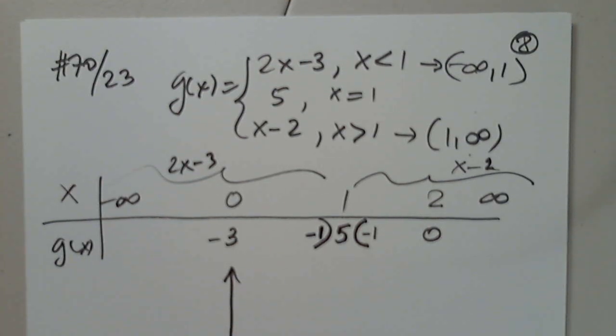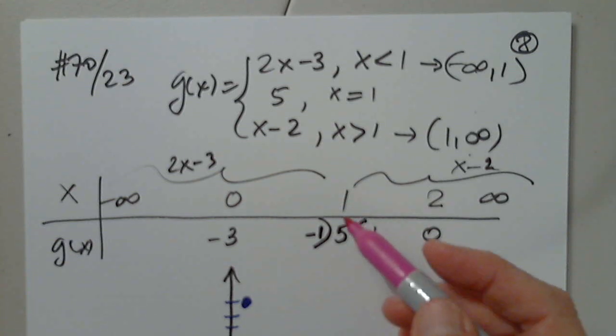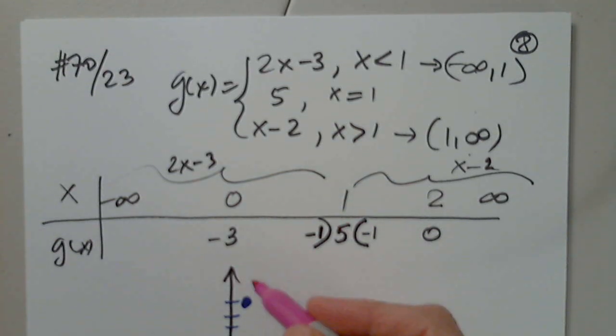That's it. I'm done with this. I graph 2x minus 3 with it. Now I'm going to use this and put 1, 5. That's the color for 1, 5. And I have another one, 2, 0. And it's starting at the same point, but still open point, because otherwise it will not be a function. So here it is.